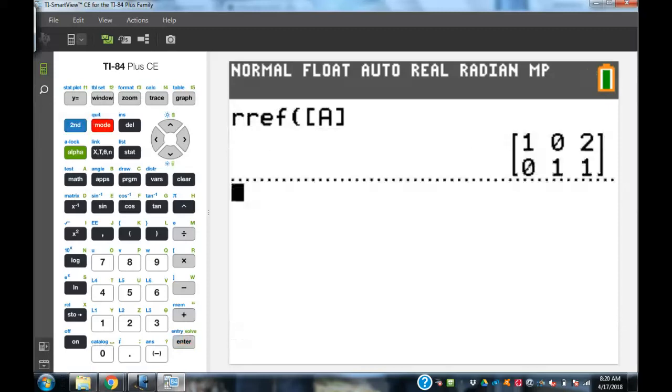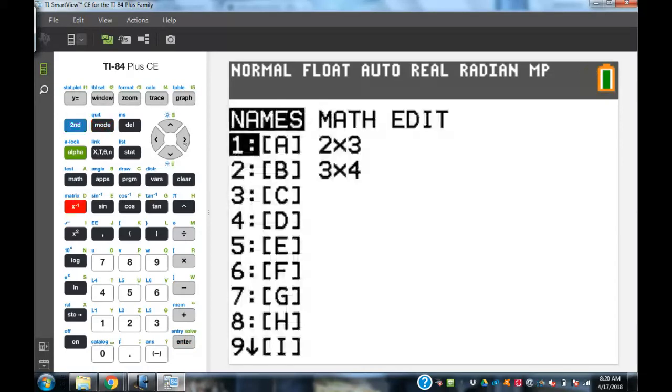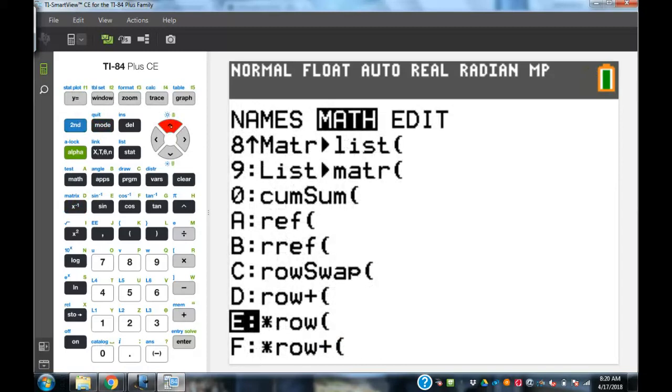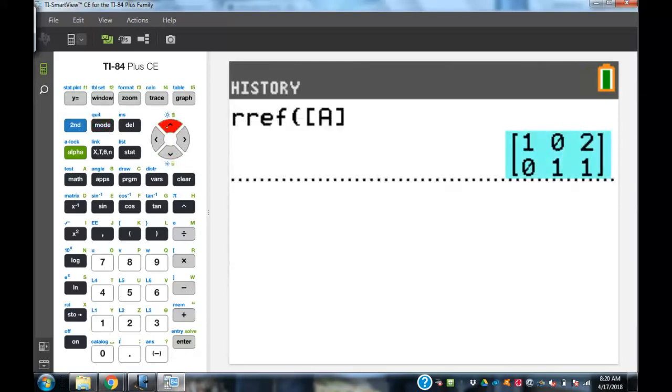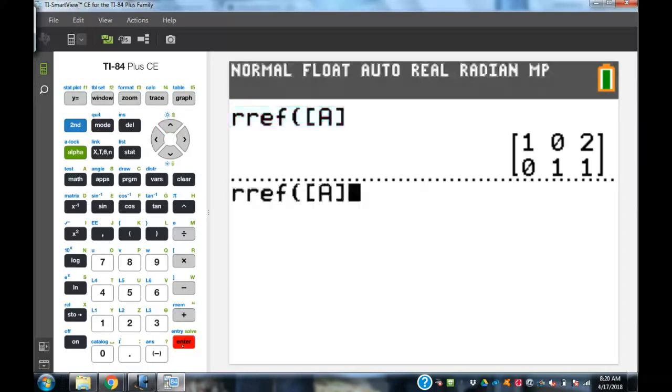Second quit to get back to the regular calculator screen. You can go through to get the RREF, you can hit second matrix over to math and press the up arrow if you want to get to that RREF and pick that. Or you can just press the up arrow until you highlight that one and press enter, and it'll recall that command.